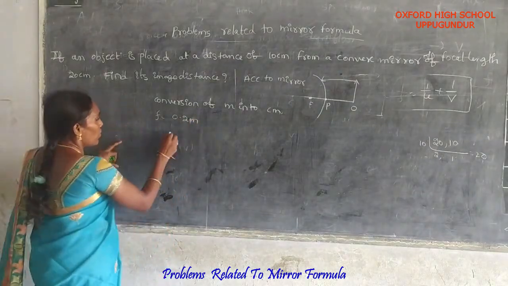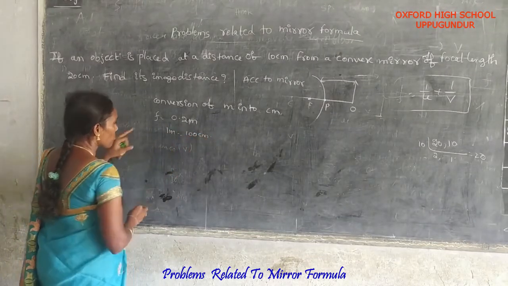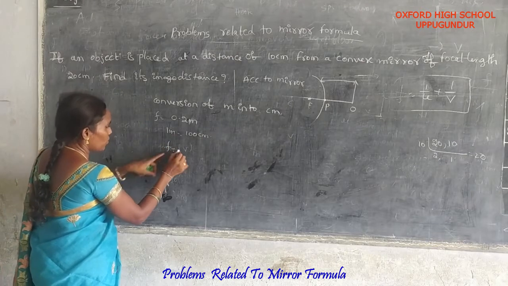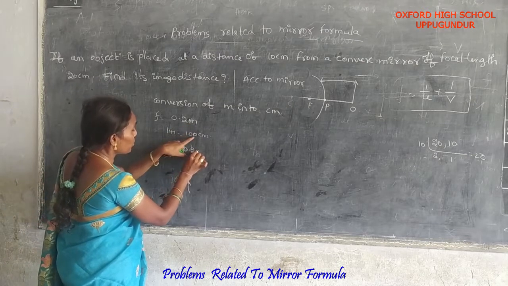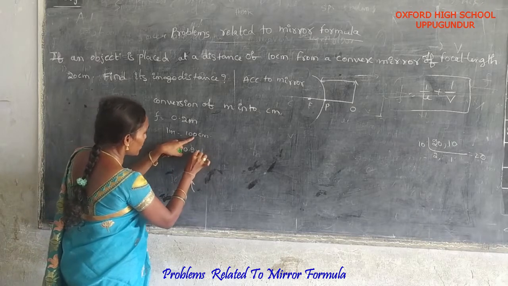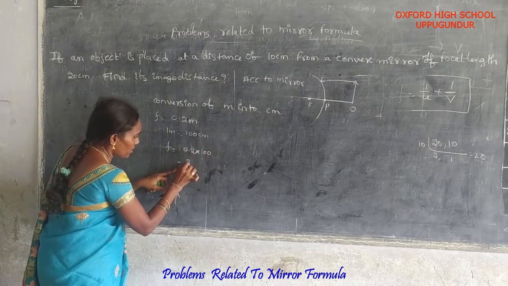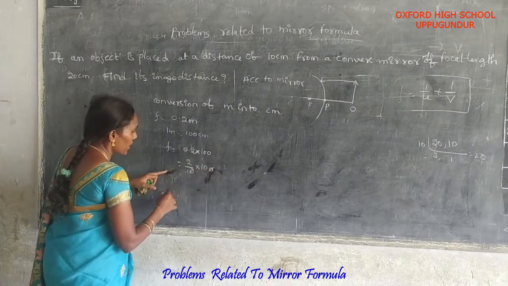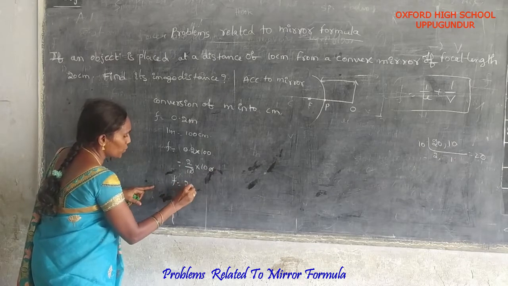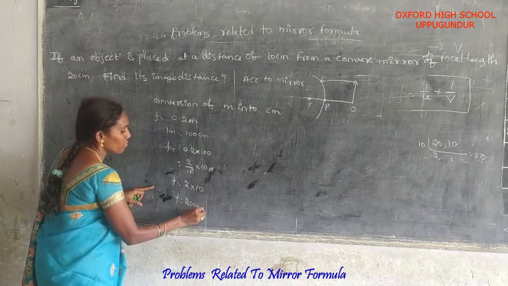Here 1 meter is equal to 100 centimeters. Focal length f is equal to 0.2 into 100, since 1 meter is equal to 100 centimeters. Here 0.2 should be written as 2 by 10 into 100. Here the 0 gets cancelled. f is equal to 2 into 10. Here f is equal to 20 centimeters.